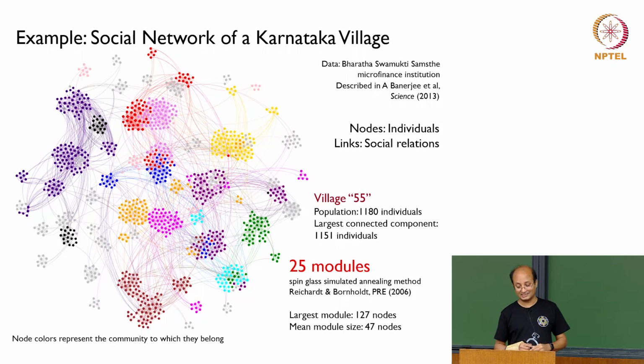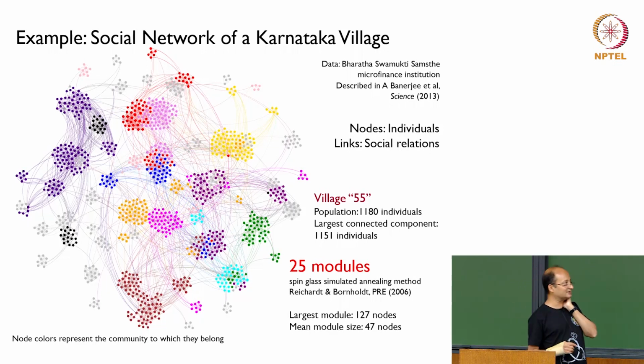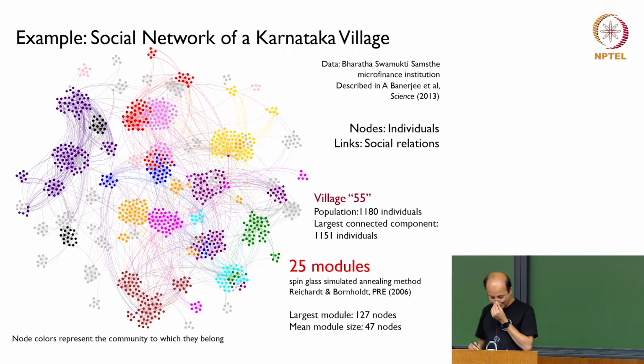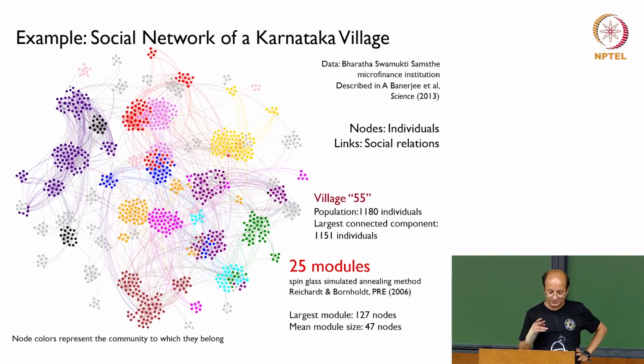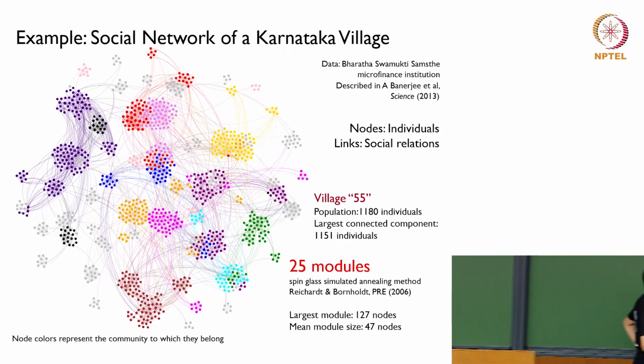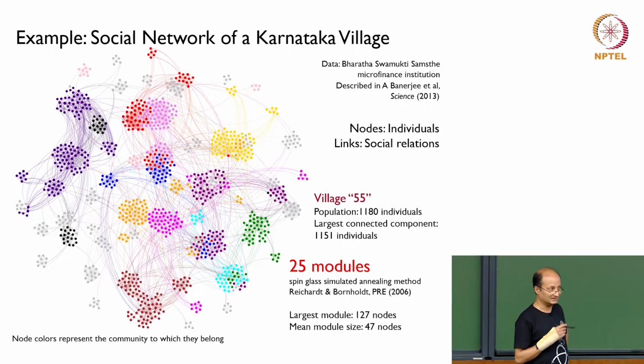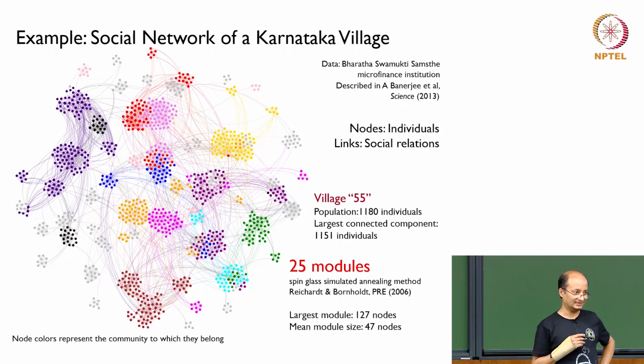Social networks are an obvious example. This is the social network of a particular village in Karnataka. The way we got this data is actually very interesting. Abhijit Banerjee had a paper in Science in 2013 where he was looking at the role of microfinance in promoting entrepreneurship in villages and the role of social networks in that.